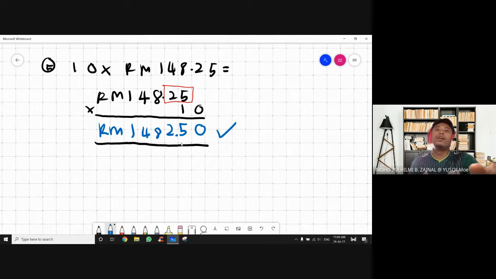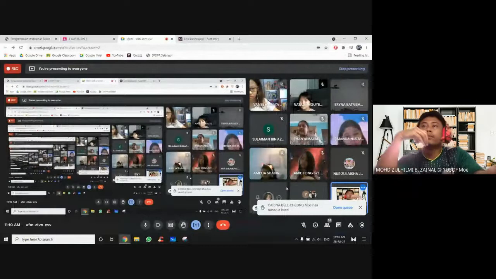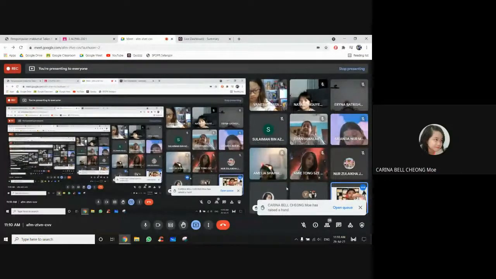Don't ever simply bring down the decimal point. Jangan letak suka-suka hati letak bawah. Ingat dia ada turun 2 unit je, 2 unit sen. Jangan jadi 148 ringgit 250 pula. Salah ha. Okay, anyone? Yes, Karina.